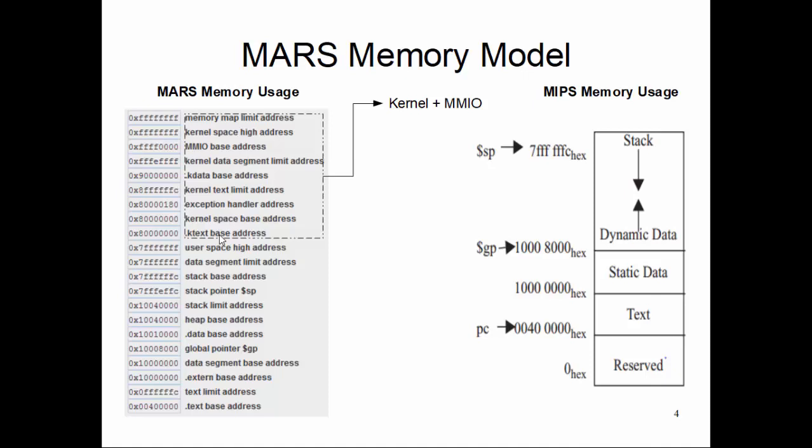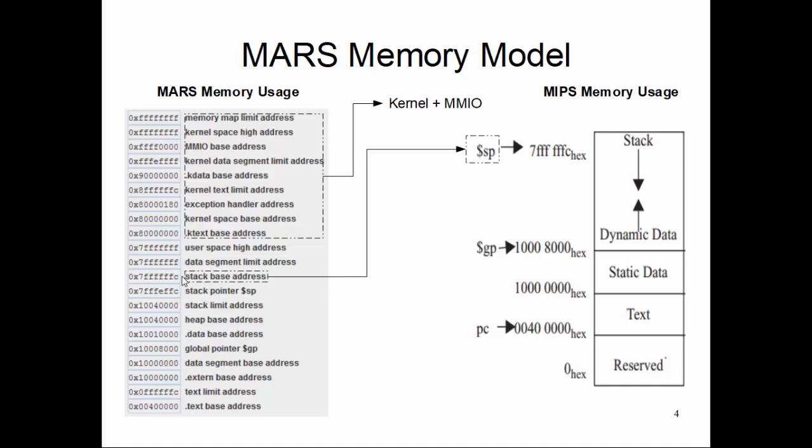Remember, this memory is also simulated. The processor itself is also simulated, so they're staying in the virtual world, but nonetheless it reflects the real operation scenarios. So this upper half is for the kernel and for those memory mapped IOs, and the lower part is mostly what we talked about in the last slide.